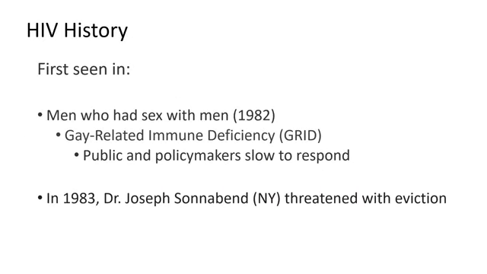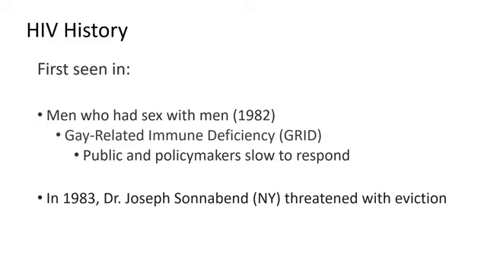So HIV was first seen in men who had sex with men. Originally it was called gay-related immune deficiency, or GRID, because at first it was thought it was just seen in the gay population. And the public and policymakers, when this first started showing up in the 1980s, there wasn't really a gay rights movement.